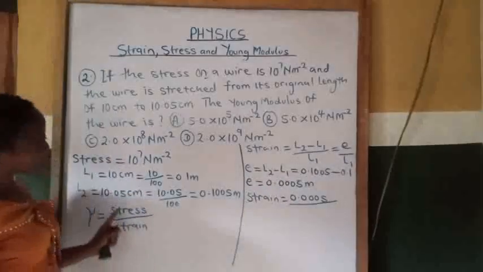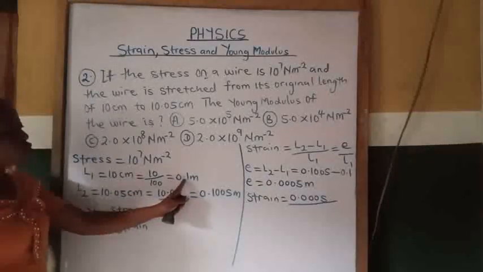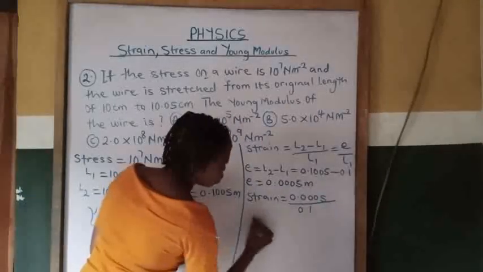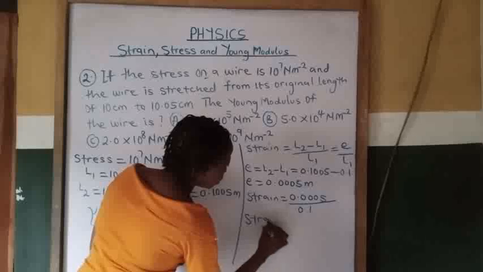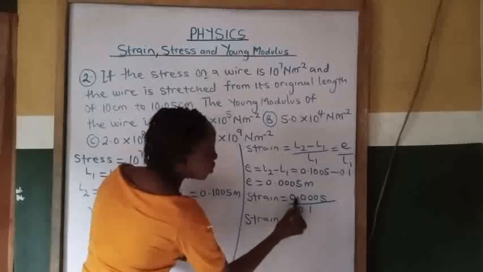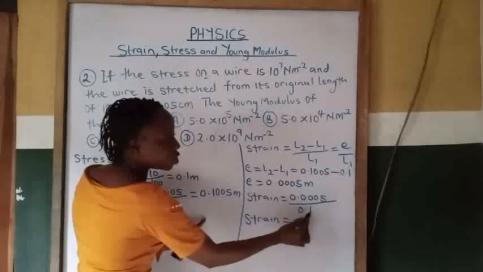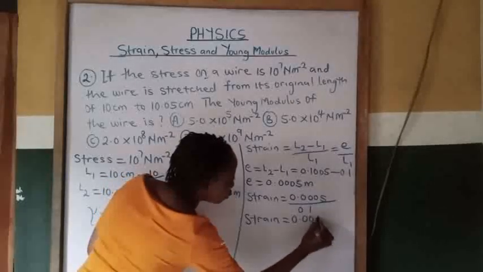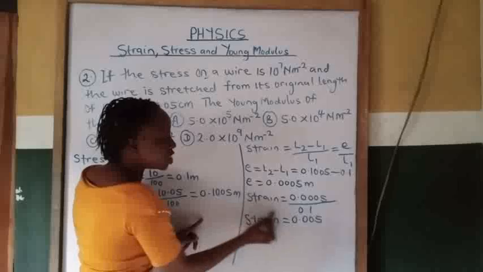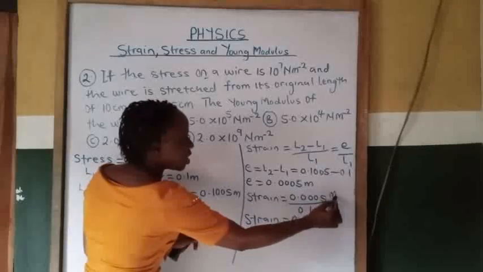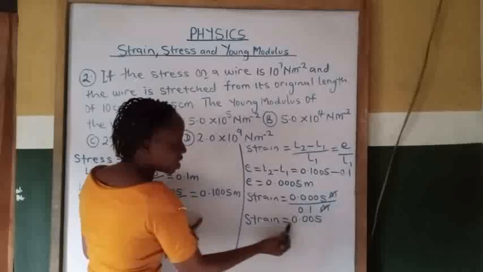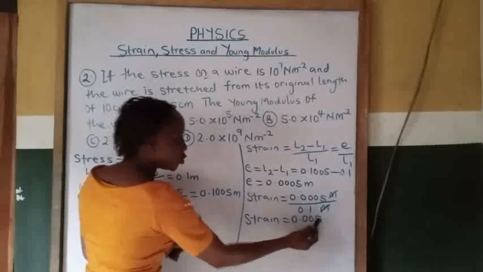That is our L1, equal to 0.1. So strain will then be equal to 0.005 divided by 0.1, which will give us 0.05. No units, because our extension is in meter, then the original length is also in meter. So meter cancels meter.